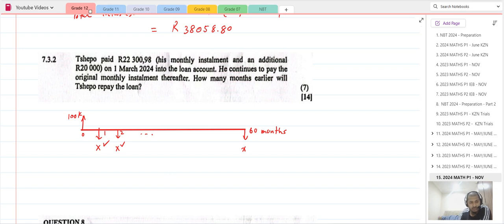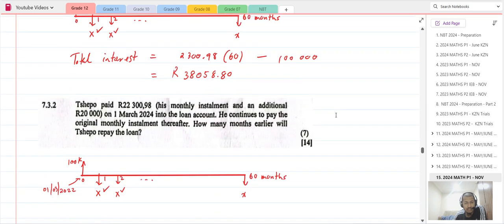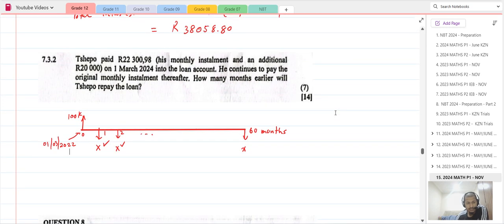So remember this was the 1st of March 2022. That's when he took out the loan, and 2 years later, so at the 24th month still paying x, 2 years later he's depositing a further 20,000.